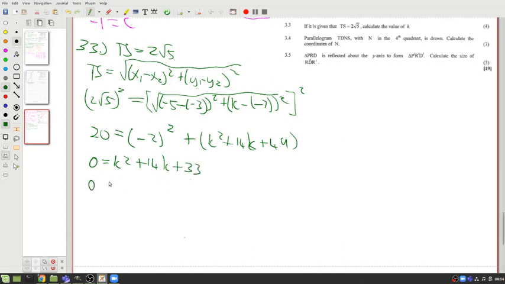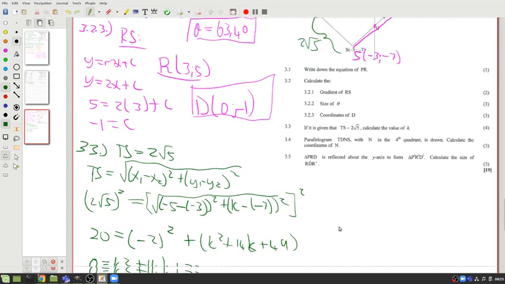And we can factorize that, so 0 equals k plus 11, and k plus 3. There we go, so either k equals -11 or k equals -3. So now we need to decide which one of these two is our answer.